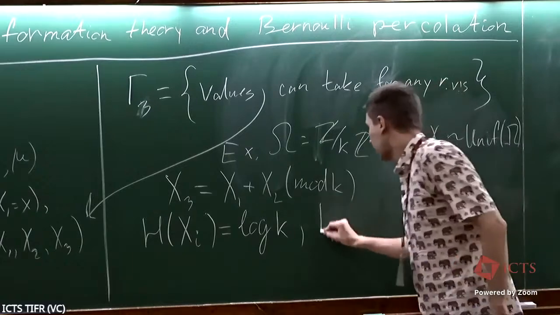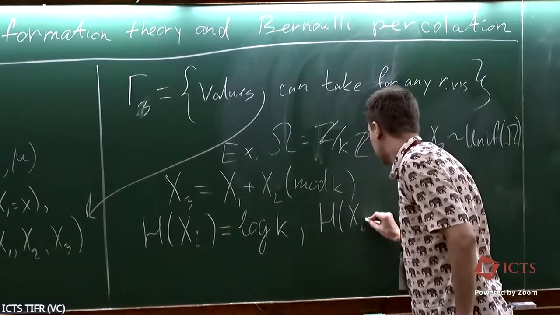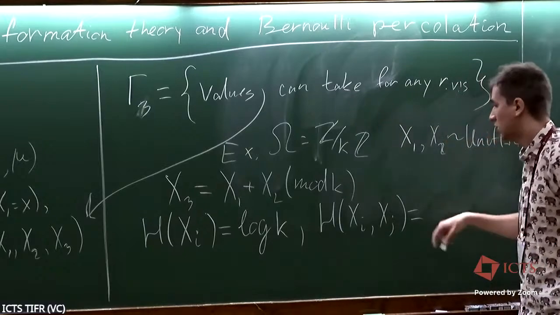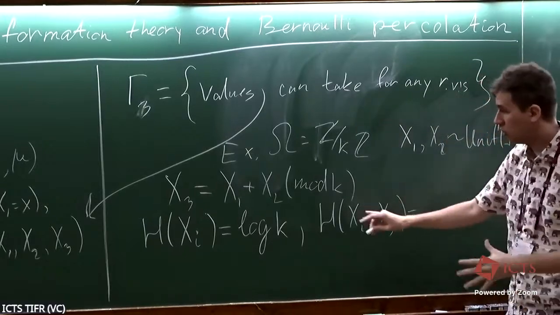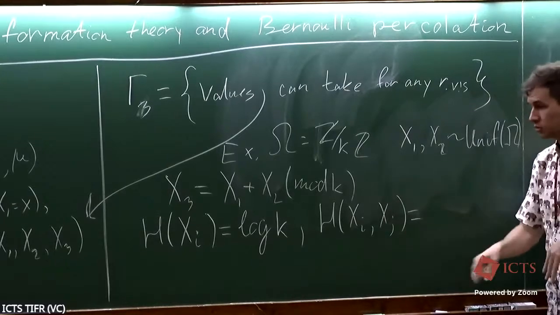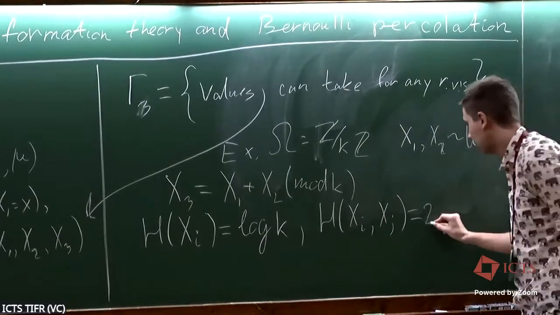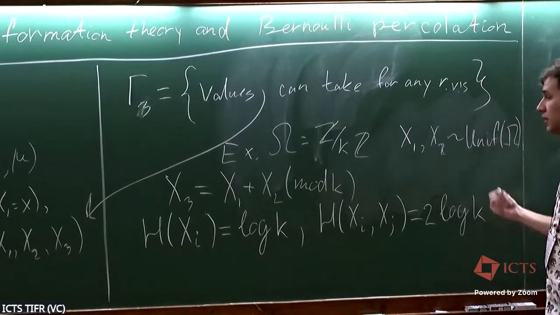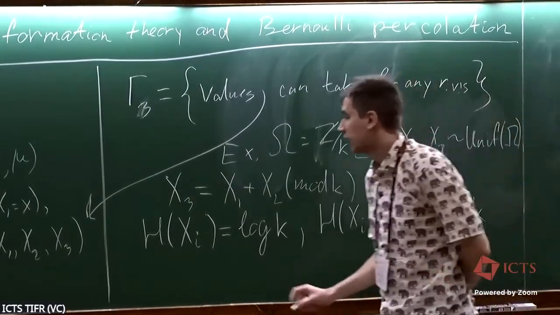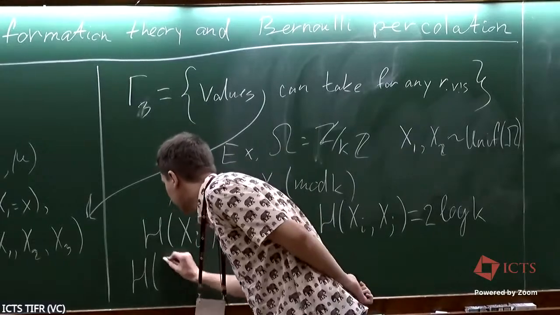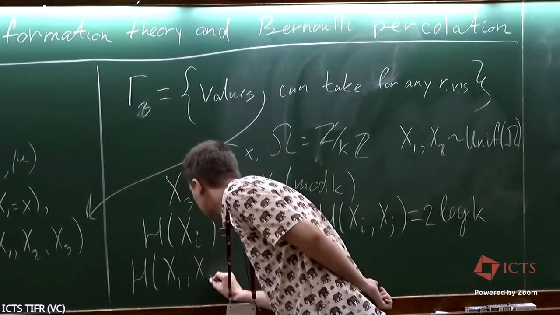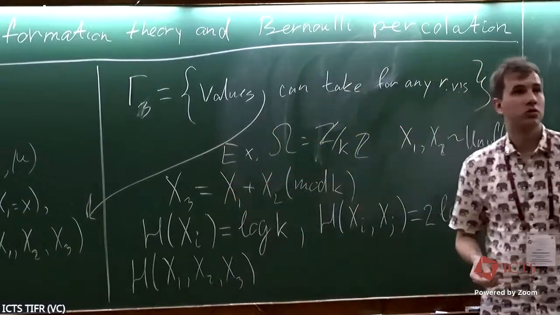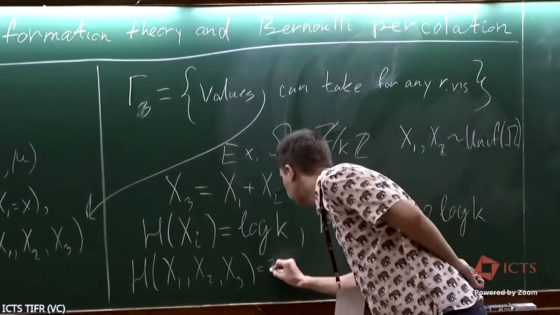So the entropy of any 2 of them together is equal to, since they are independent, the log of k squared, because it's uniform on k squared values, or the same, 2 log k. But here we have the thing: the entropy of all three of them taken together does not differ from the entropy of any two of them taken together. So we also have 2 log k.